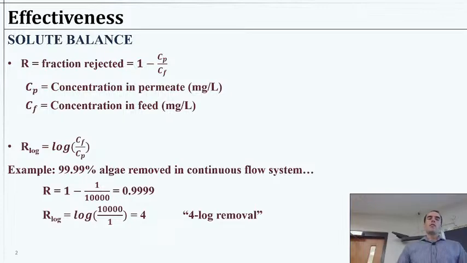So considering the stuff that we're trying to remove, we can define that much like we have with like C over C naught kind of stuff by saying, let's define a fraction rejected. And we'll say some capital R here. I'm trying to keep my nomenclature pretty consistent to the different pieces where I've taken this material from.